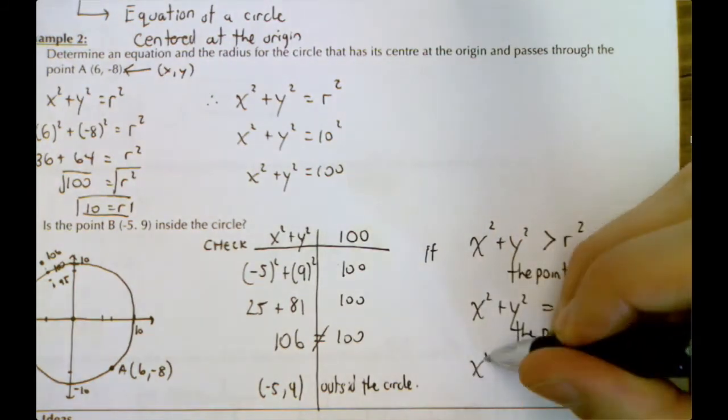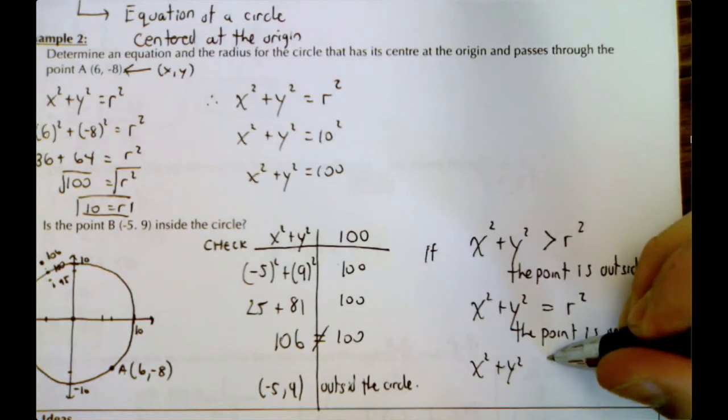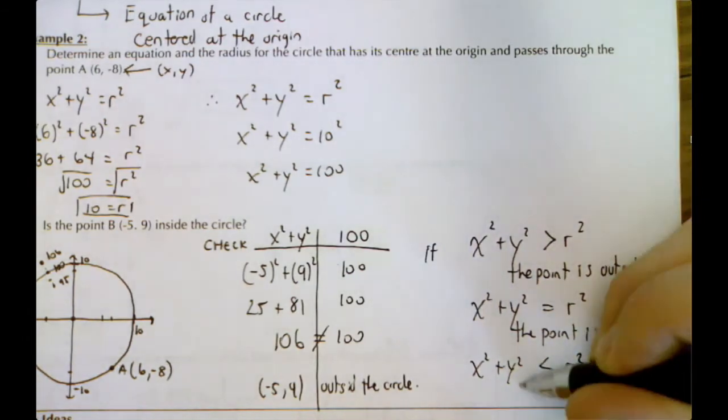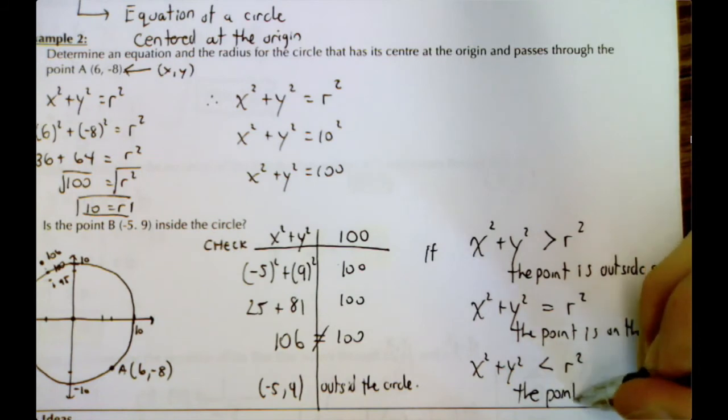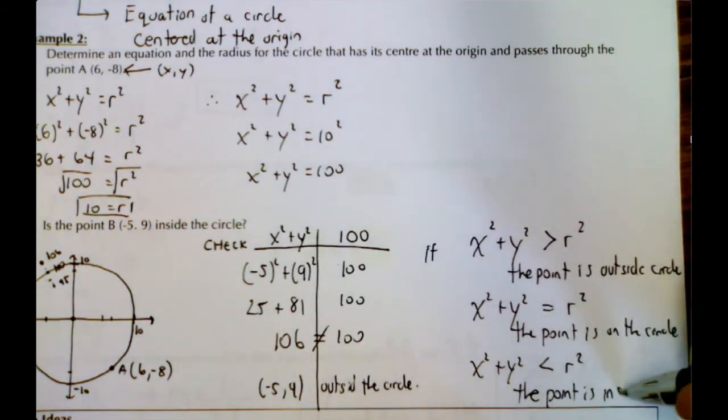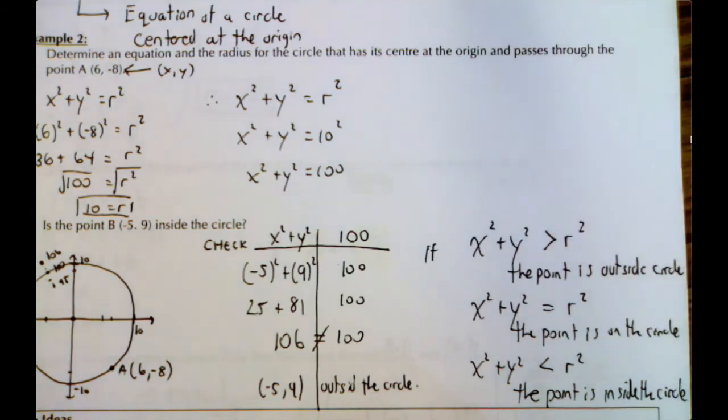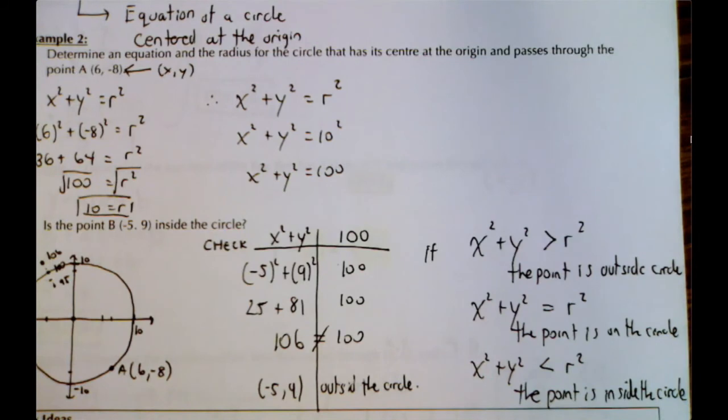And the last one, if x squared plus y squared is less than r squared, the point is inside the circle. So one check to see whether it's inside, outside, or on.